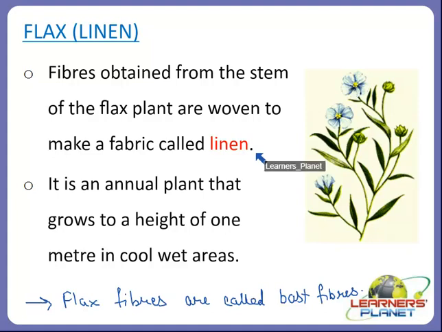pulped for paper production. So what we can say about flax is that it is an annual plant that grows to a height of 1 meter in cool, wet areas. It produces one main stem which is about 40 to 80 centimeters tall, and it matures in 3 to 4 months after planting.